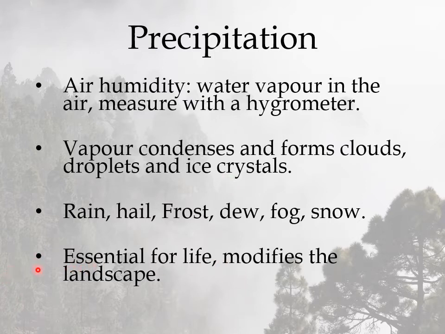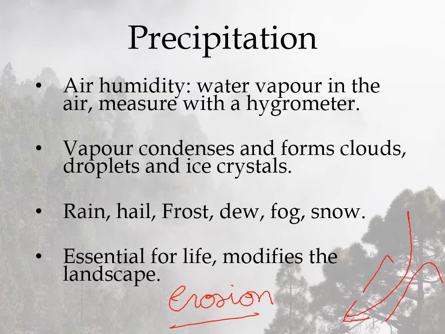Precipitations are essential for life. We need water to survive, as simple as that, and it also modifies the landscape. Why? Remember when we were talking about erosion. Erosion can be caused by water, and this water comes from this precipitation. They fall and they can erode a mountain, for example, creating a valley between them.